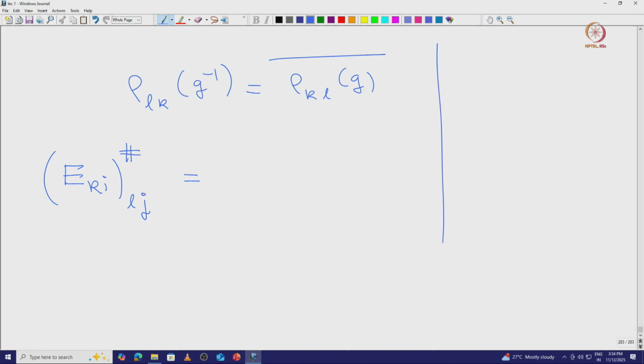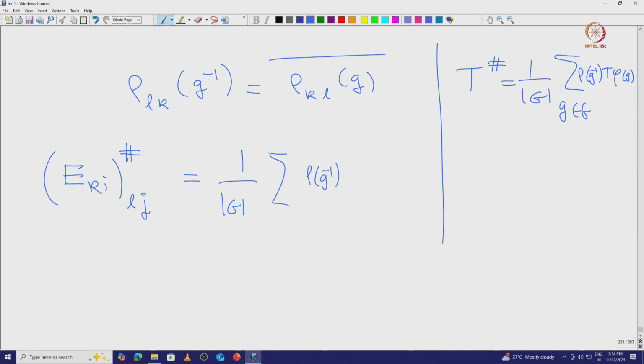Recall the definition of T hashtag, which is exactly 1 divided by the cardinality of G, summation of rho g inverse T phi g, where g runs over G. So, that means this T hashtag is going to be 1 divided by the cardinality of G summation rho g inverse Eki phi g, and then we want to look at the ljth entry of that.